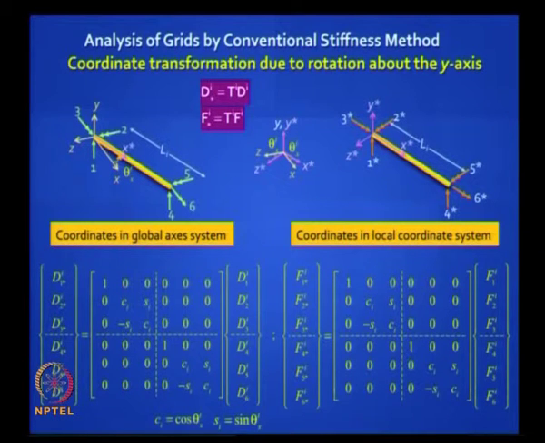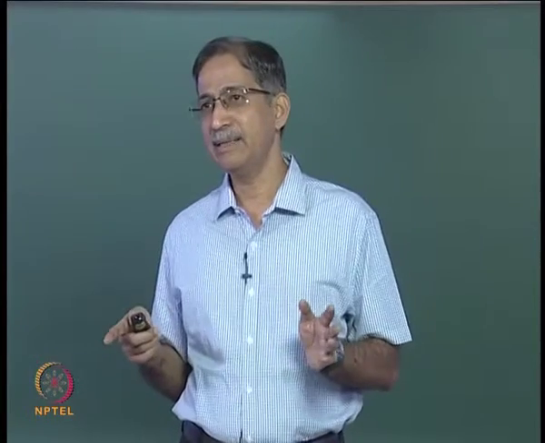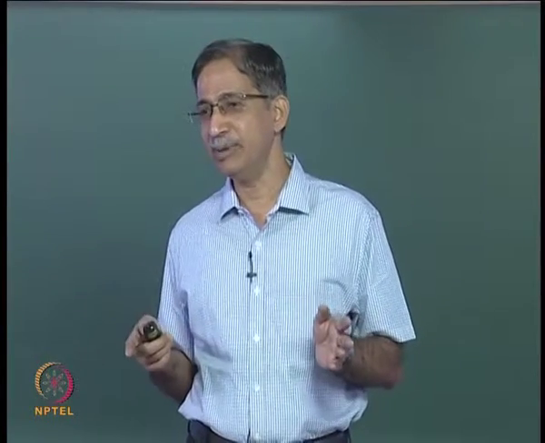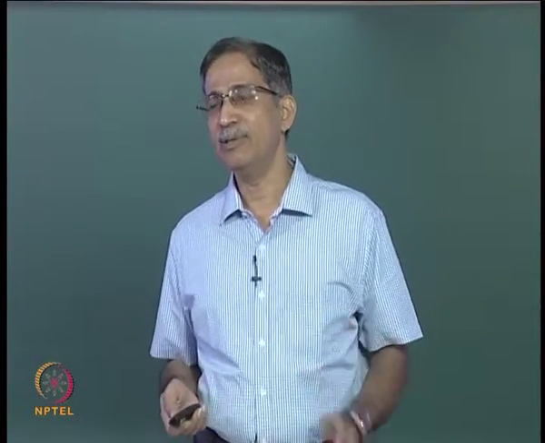D1 does not change because that is a translation in the vertical plane, it is in the y direction, right. So D1 does not change, so you have 1 there, and the rest of the transformation comes from your rotation, and so it follows the familiar pattern cos theta, minus sin theta, cos theta. I hope this is not difficult for you. We have done this kind of transformation earlier, we are doing it exactly the same way. It is very easy to remember and we need to apply it.